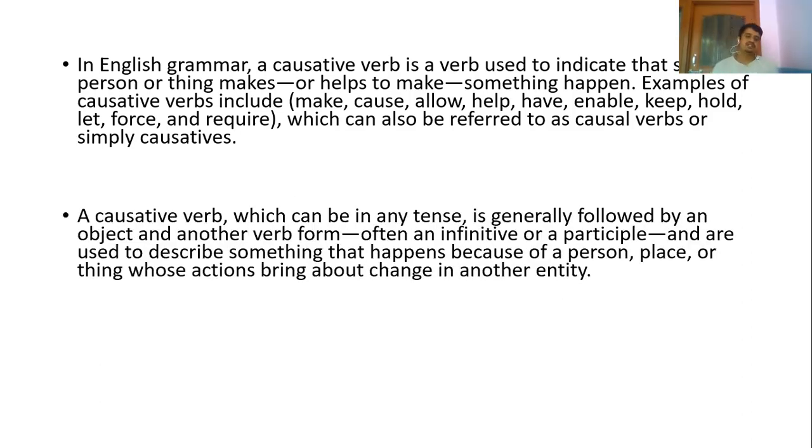We can define causative verb. A causative verb, which can be in any tense, is generally followed by an object and another verb form, often an infinitive or a participle, and is used to describe something that happens because of a person, place, or thing whose action brings a change in another entity.